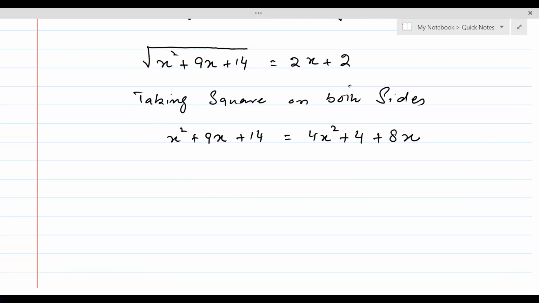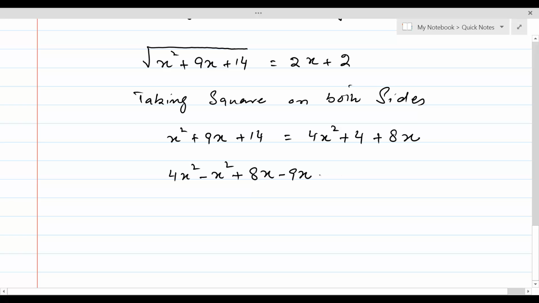And now everything will go on one side so that we can have a standard quadratic equation. 4x squared minus x squared plus 8x minus 9x plus 4 minus 14 equal to 0.